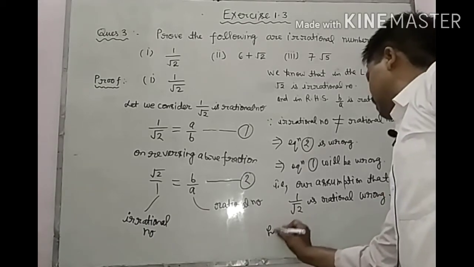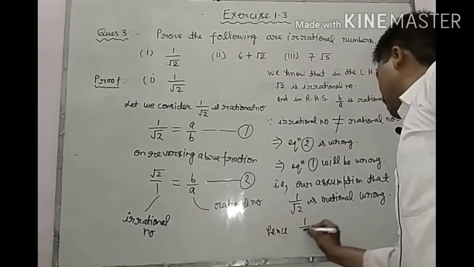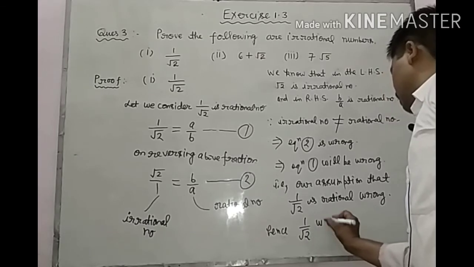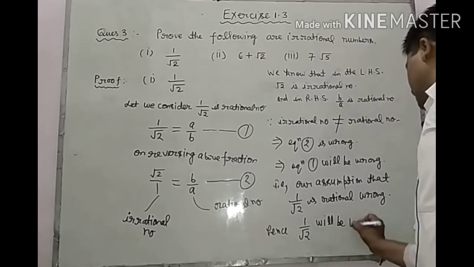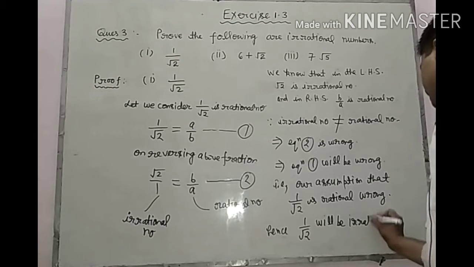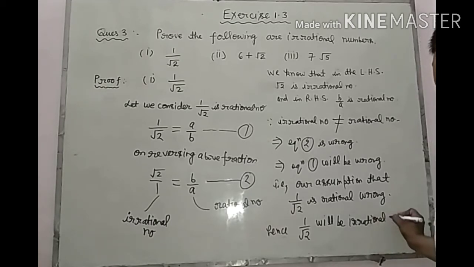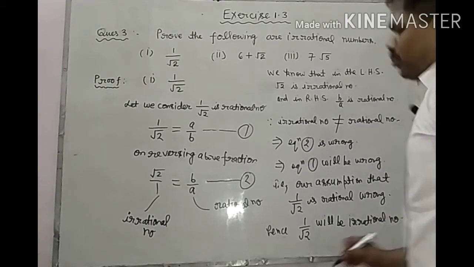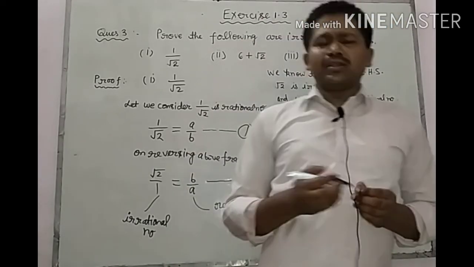Hence 1 upon root 2 will be an irrational number. Hence proved.